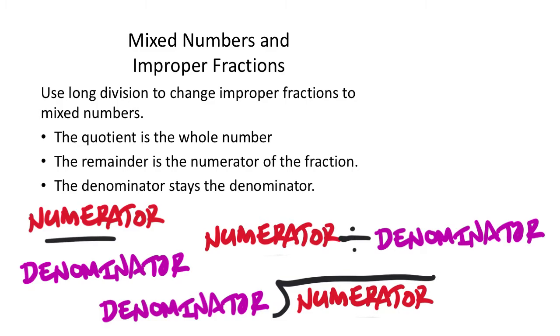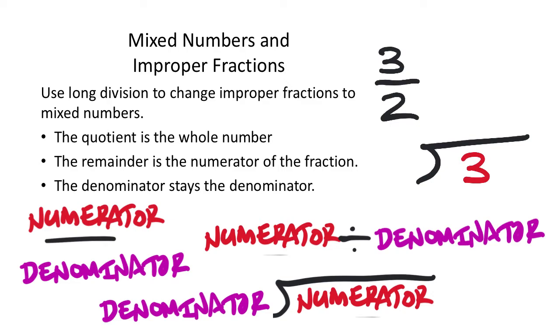Okay? Or if we look at, well, I guess we haven't seen this example yet, but I'll use one that I've shown already, 3/2. If we were to write this as long division, the numerator goes on the inside, that's the 3, and the 2, the denominator, goes on the outside. So that's 3 divided by 2. But remember, whatever you get as the quotient for the long division goes right here, right?